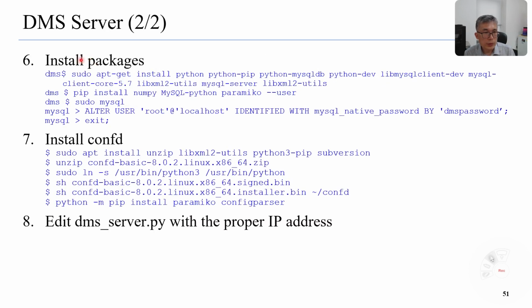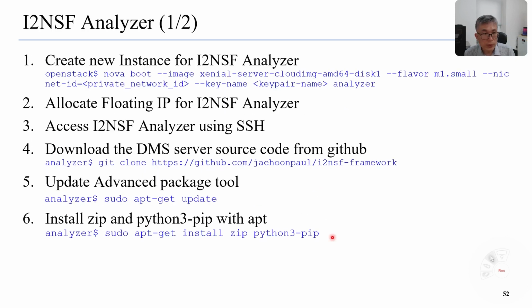And for the DMS server also install packages according to this command, and install confd, and edit the DMS server Python file with the proper IP address.